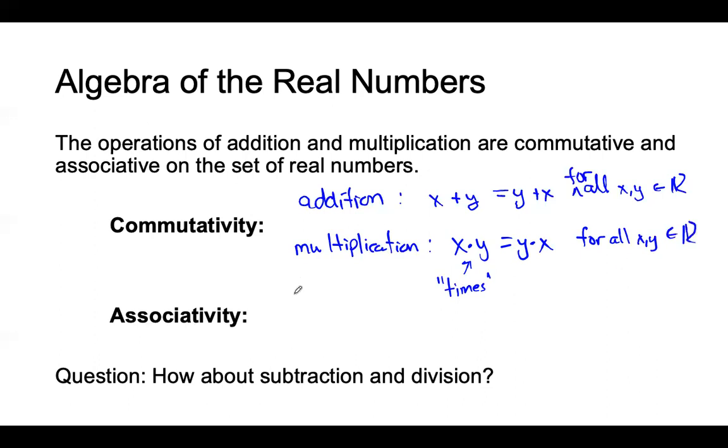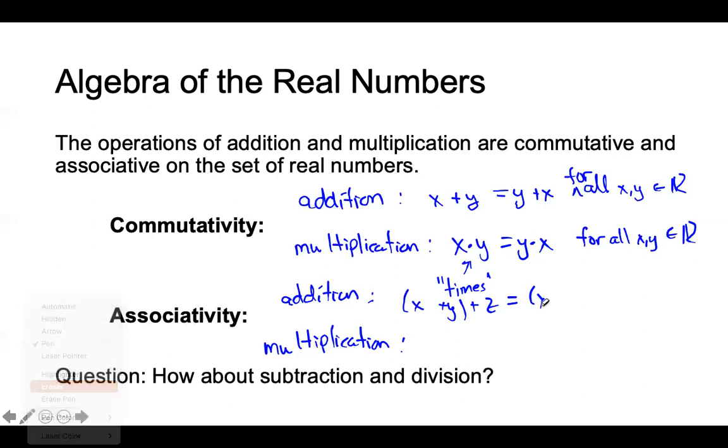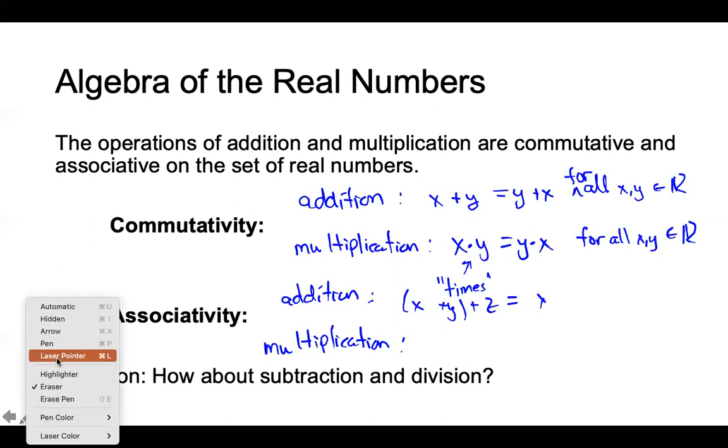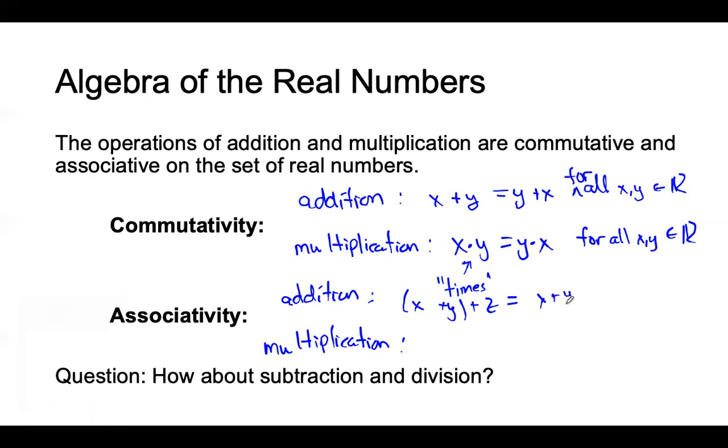Then there are the associative properties. X plus Y plus Z is equal to X plus Y plus Z, with the brackets placed the other way.